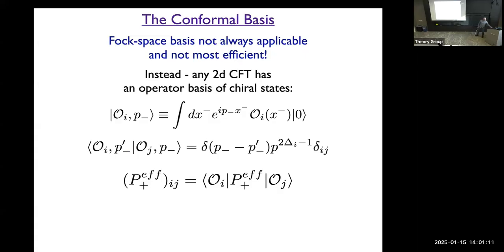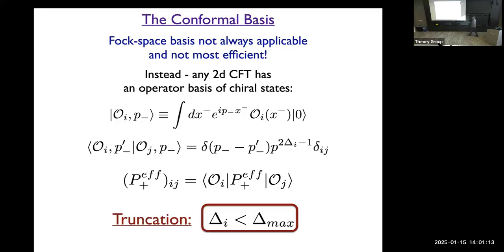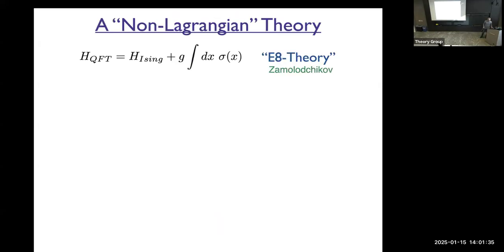And then the truncation that we are suggesting is to truncate the dimensions of these states to some maximum. It's unusual because it's a truncation on a dimensionless parameter, but we find that this is an efficient truncation that allows us to compute the data. So this is what I'm going to show.